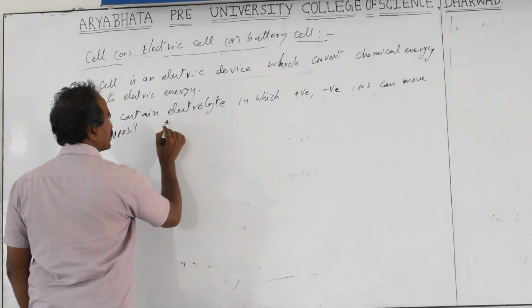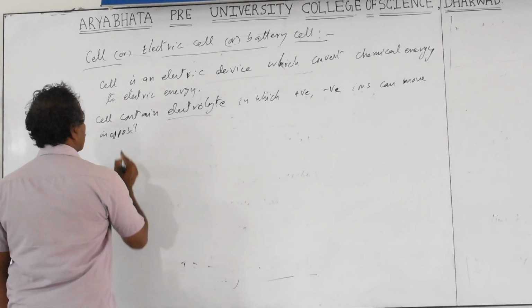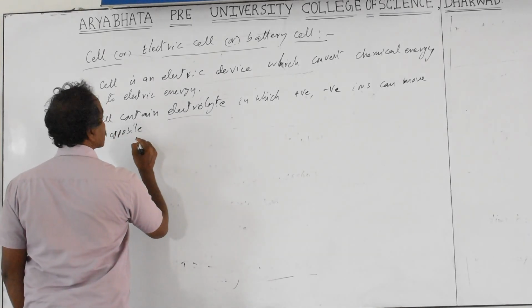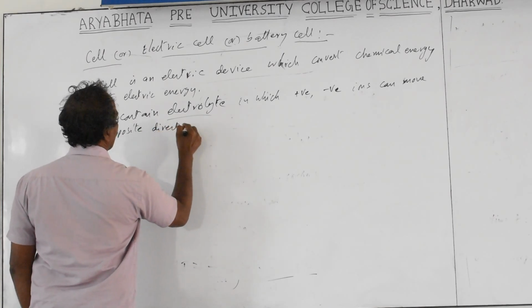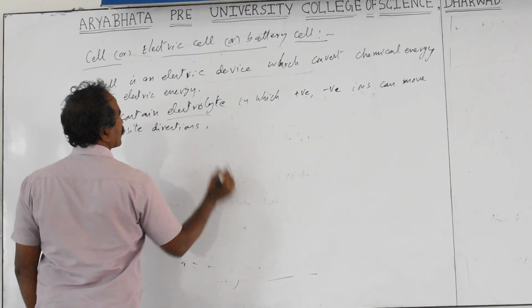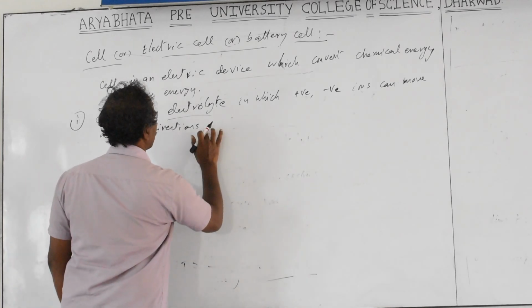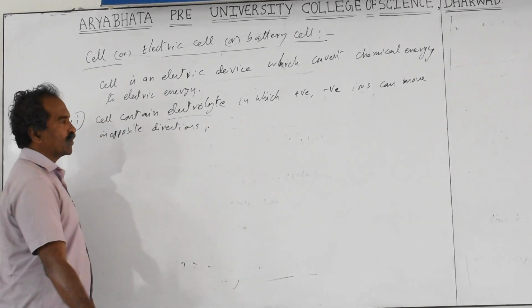The electrolyte can be split into positive and negative ions, which are able to move in opposite directions when current is passed or when current is produced.